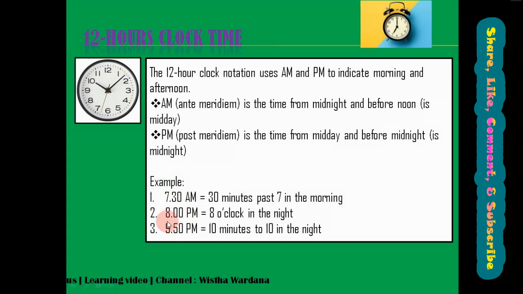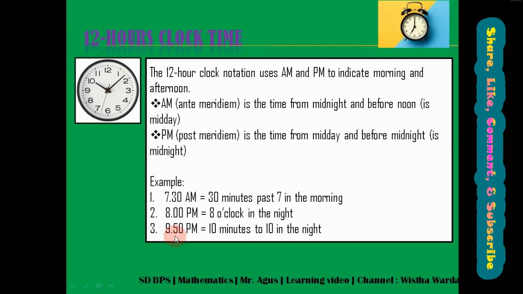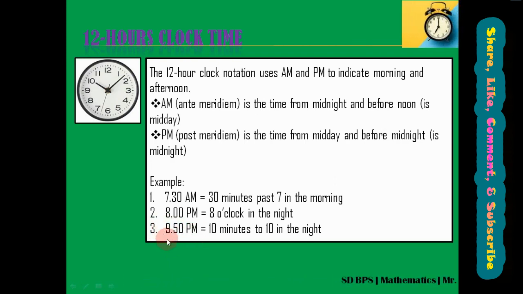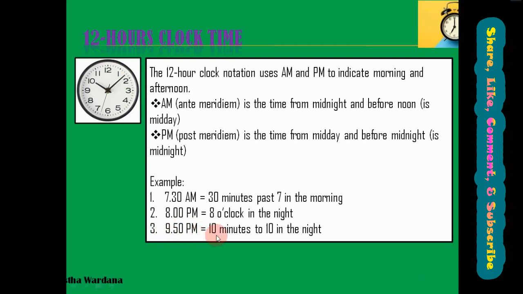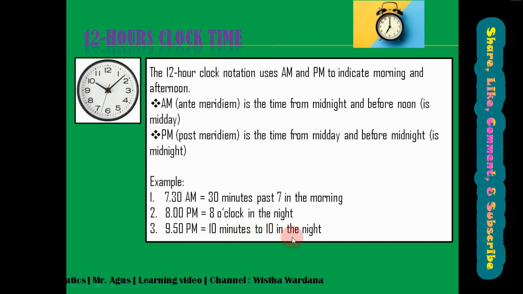Let's continue. Number 3, we have 9:50 PM. So to read this time, you can say 10 minutes to 10 in the night.